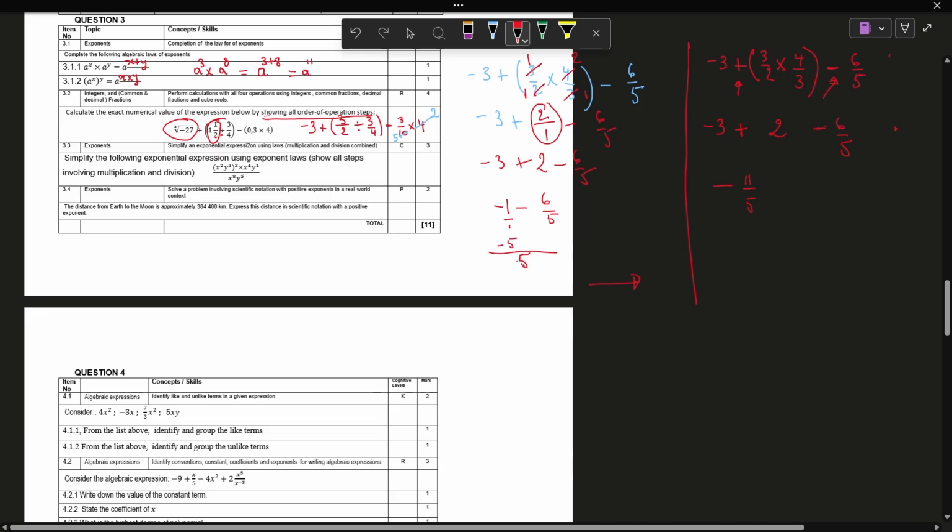And then 5 divided by 5 is 1 times. So it's going to give negative 6. And the answer would be minus 11 over 5. Okay, great. So we're done with that. We're done with this exercise. And we can go to the next one.